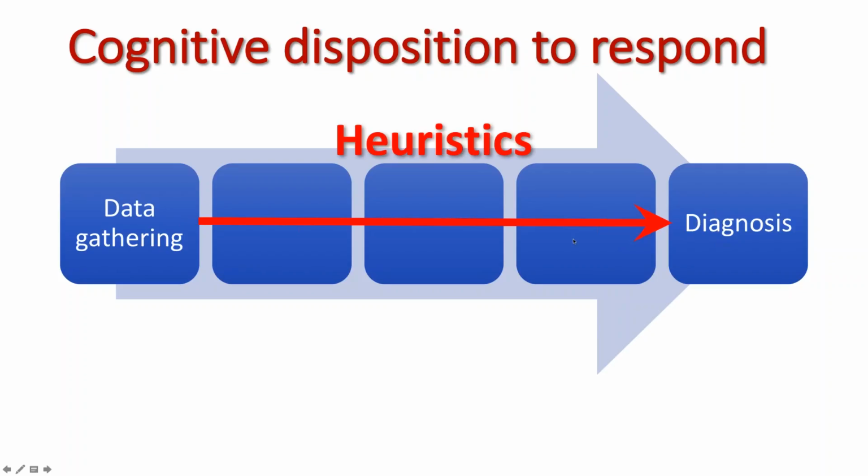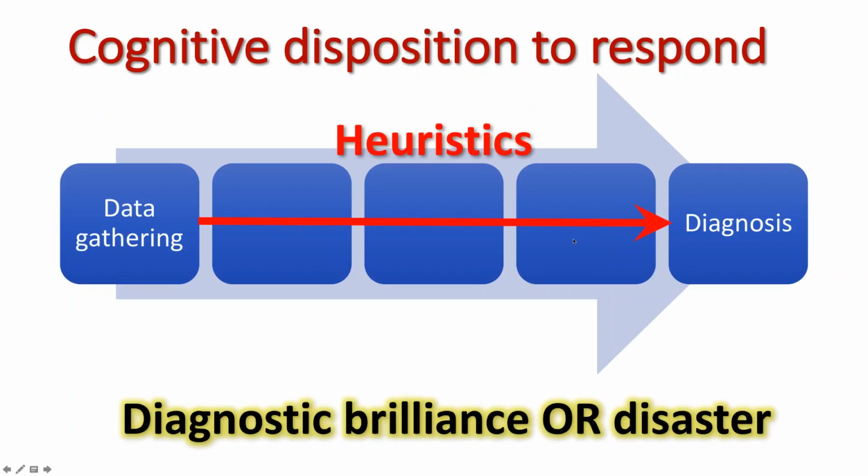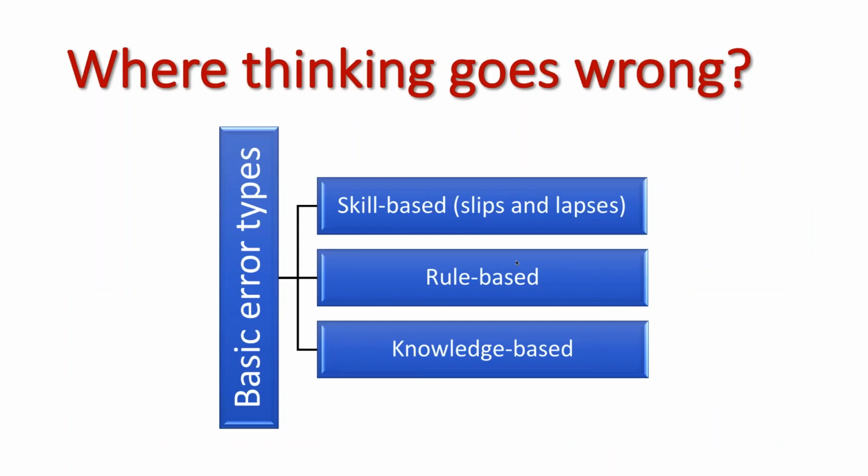It may be a diagnostic brilliance, where you make a brilliant snap diagnosis without going through all these steps, or it can be a diagnostic disaster, which may cause you to fail in the exam, or when taking care of a patient, cause bad outcomes and land you in some sort of soup.